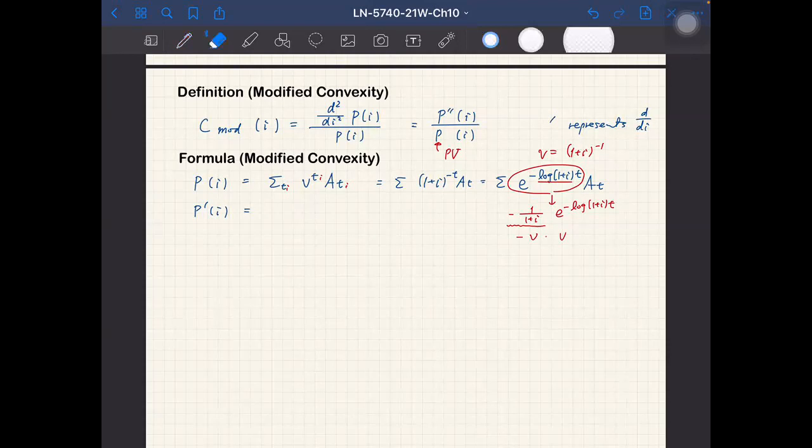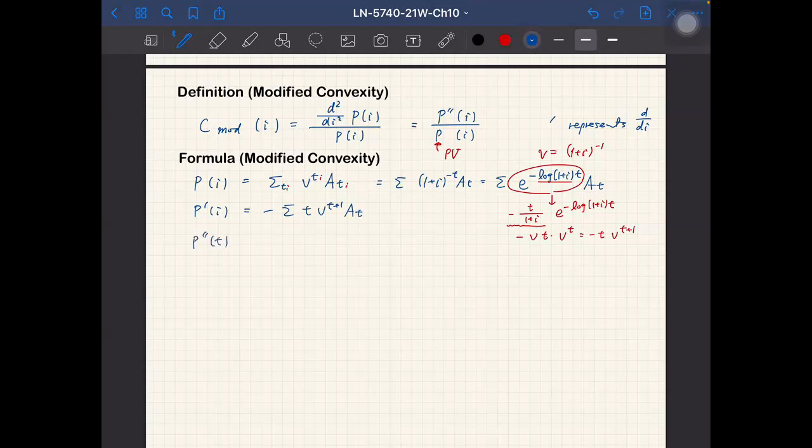So if we differentiate the entire term, we have t times v to the power t, the original form, times negative v. So this is negative t times v to the power t plus 1. This means the derivative is equal to the negative of the summation of t times v to the power t plus 1 times A sub t.